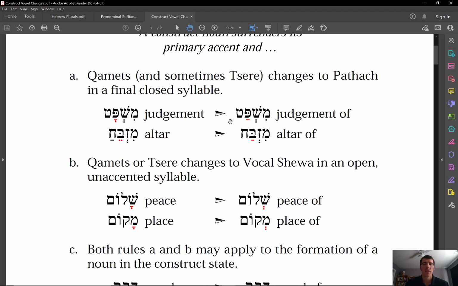So if we head back to this now, you'll notice that mishpat is with a kametz on the left side there. That's the standard spelling. But it changes to a patak. Okay, so here you'll notice that the mishpat is spelled with a kametz. That's the cross-looking thing there.